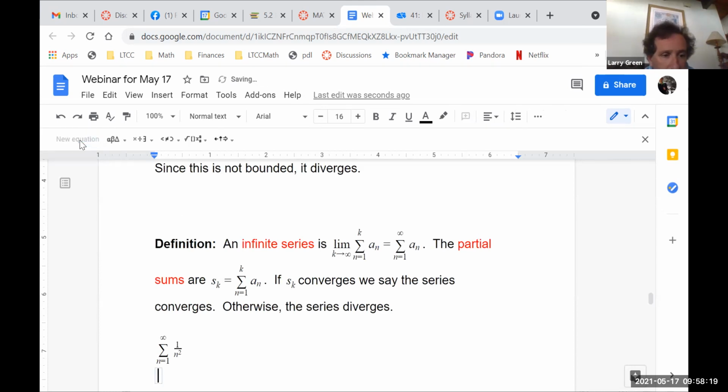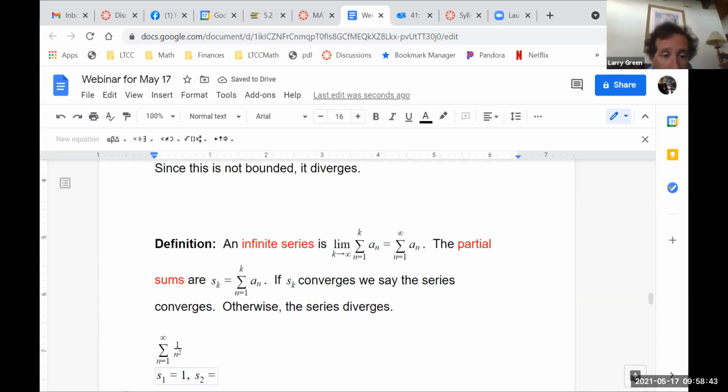Then what's S sub 1? That's easy. That's a hint. What's the summation n equals 1 to 1 of 1 over n squared? Yeah, that's just 1. And then S sub 2 gets a little messier, not too bad though.